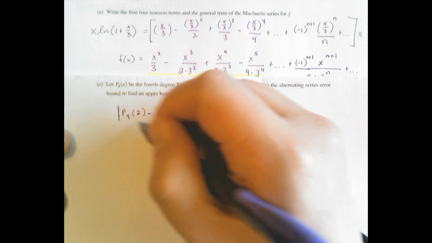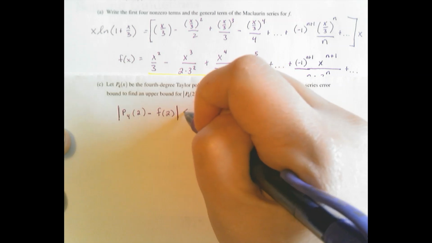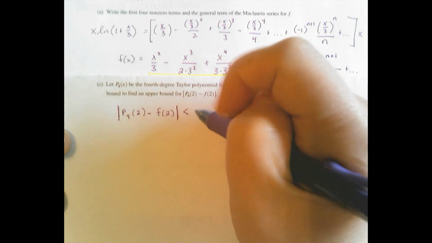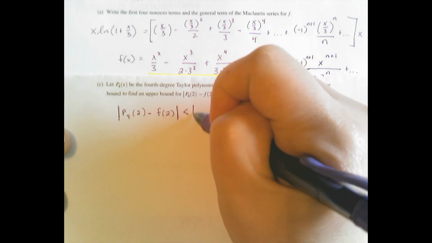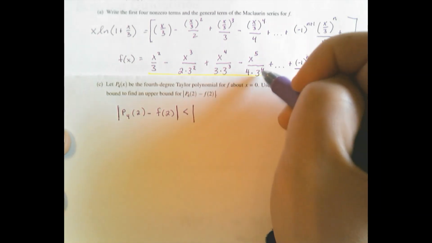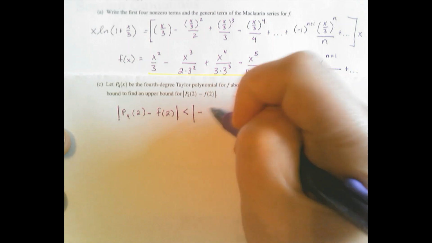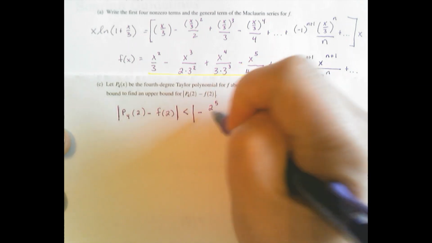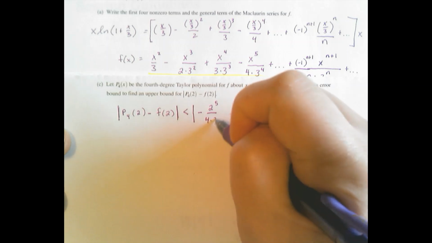So we know the value of this is going to be less than the absolute value of the next term in the series evaluated at 2. So negative 2 to the 5th over 4 times 3 to the 4th.